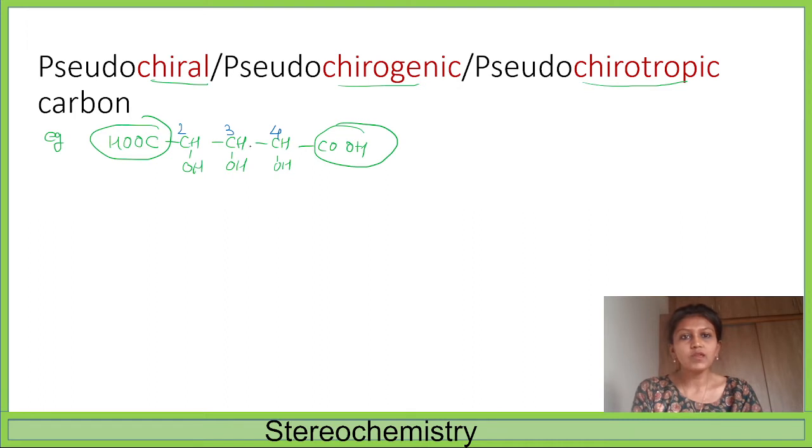Now for the third carbon, one is hydrogen, one is OH group, and all neighboring functional groups are same, so constitutionally they are same. But if both functional groups are configurationally different, that is one is R and one is S, then we can say that this third number carbon is a chiral carbon, right?